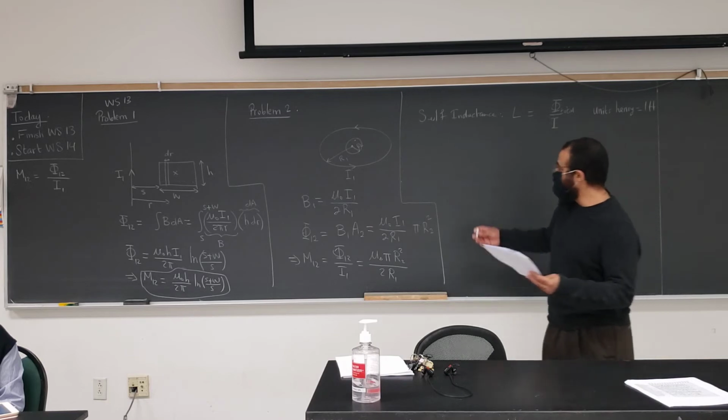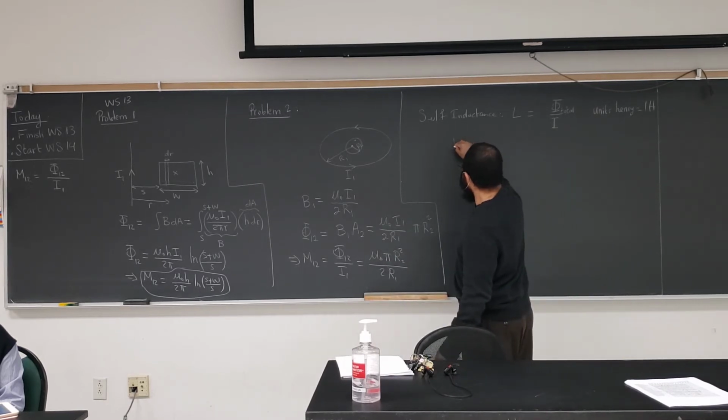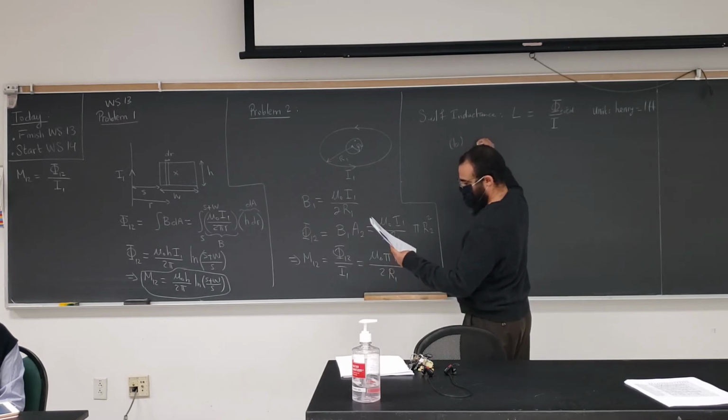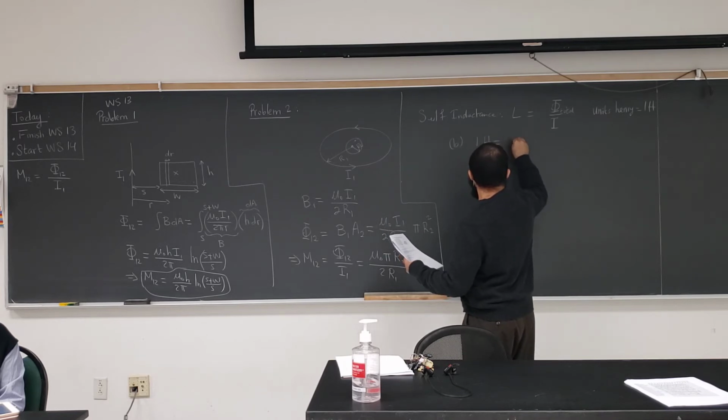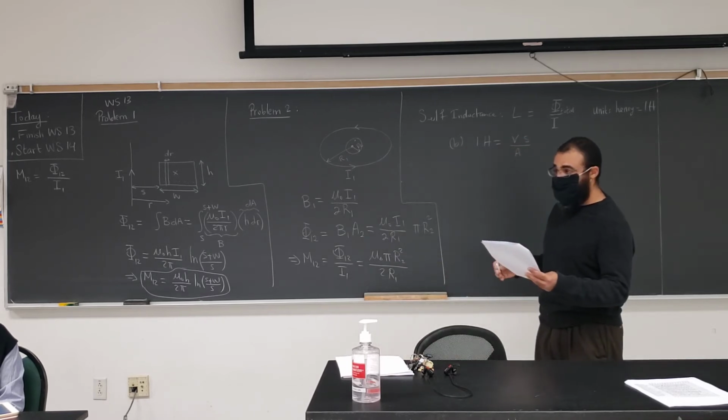For B, let me help you with B, and then you do the rest on your own. It says 1 Henry is equal to 1 volt times a second per ampere. That's what B is saying.